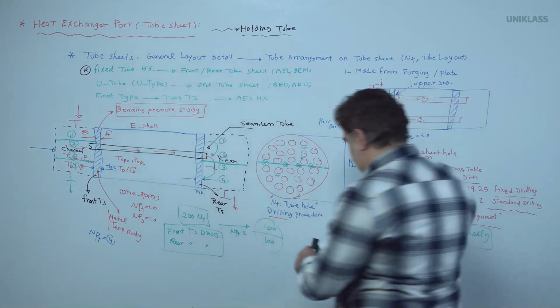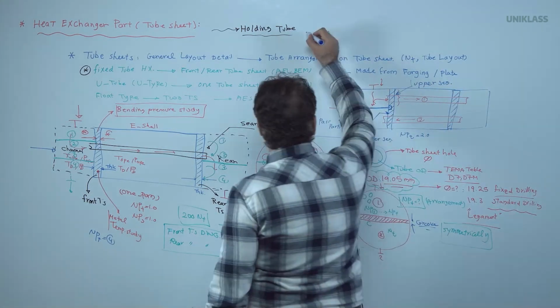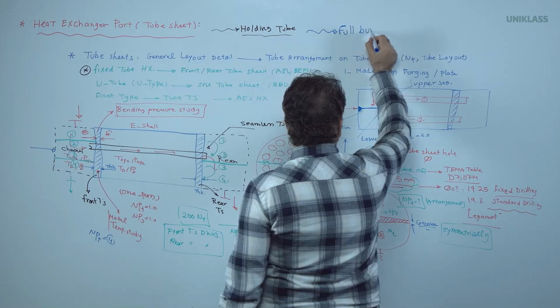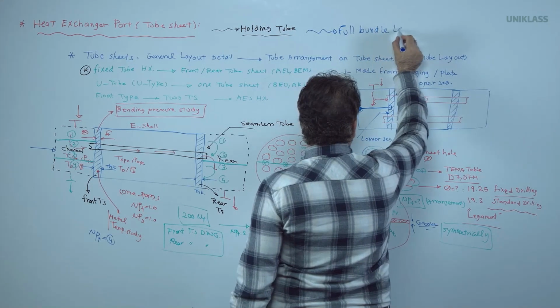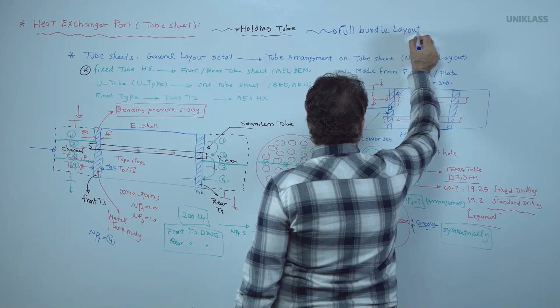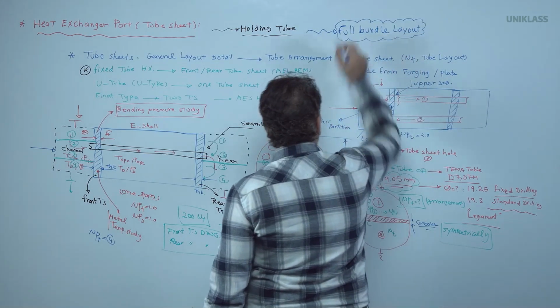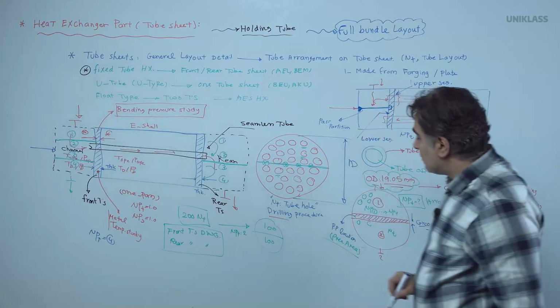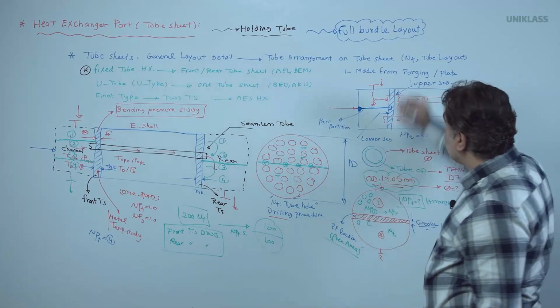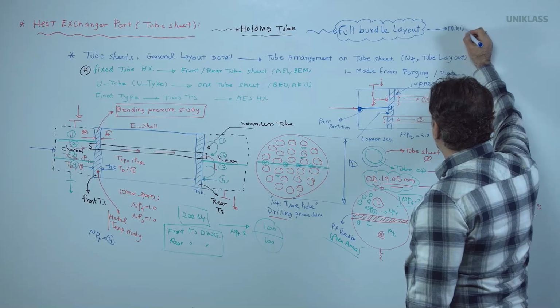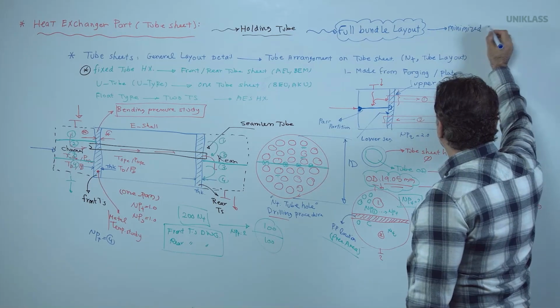We need to know the full layout calculation, full bundle layout. If you see this word in the job specification, that means the thermal designer tries to model the heat exchanger by minimizing the free area. Minimize free area.